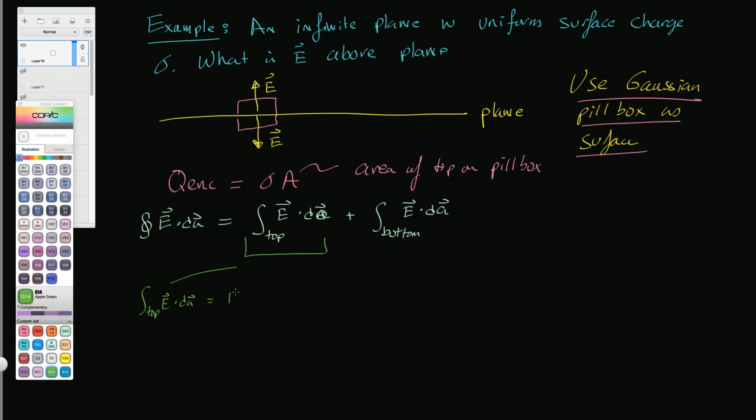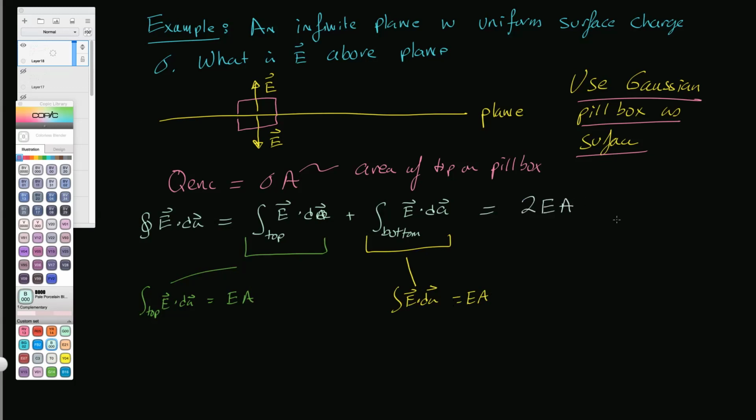And so I just get E times A, because integral dA is just A. For the bottom, integral E dot dA: E points in the opposite direction, dA points in the same direction, and this again is EA. So these two things add together.